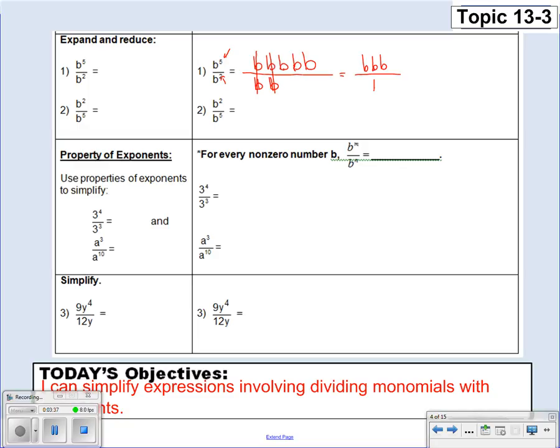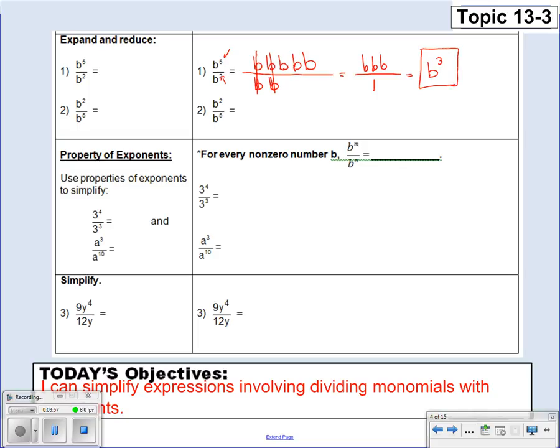Now I can simplify. b times b times b, I can rewrite this as b cubed. I do not need to show that it's over 1 because any number divided by 1 is still going to be that number. So going from b times b times b back to b cubed, we're doing the reverse of the stamp in a sense.